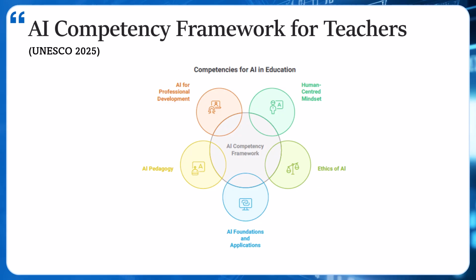Finally, the framework encourages teachers to use AI for their own growth, as a tool for research, content creation, reflection, and lifelong learning. The framework makes one thing very clear: AI tools are meant to complement, not replace, our professional expertise. Our role as teachers remains vital. These technologies simply help us extend our impact more efficiently and creatively.